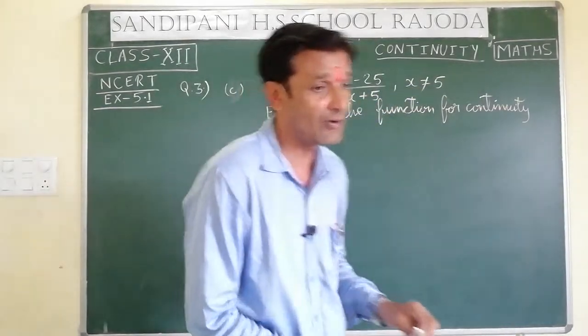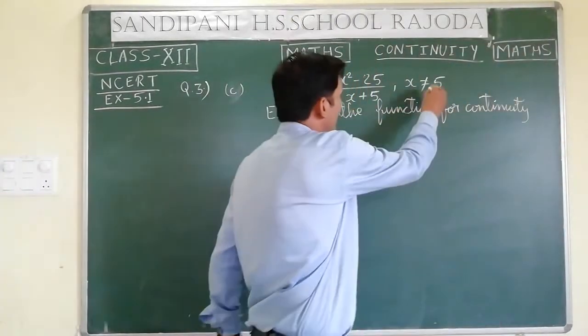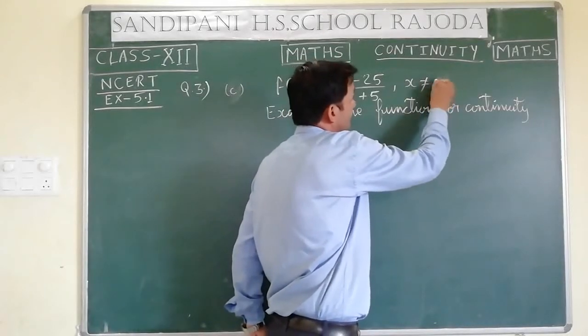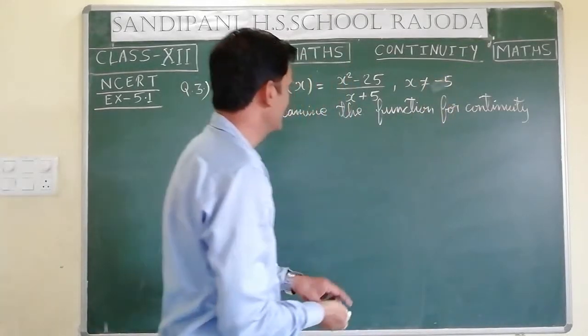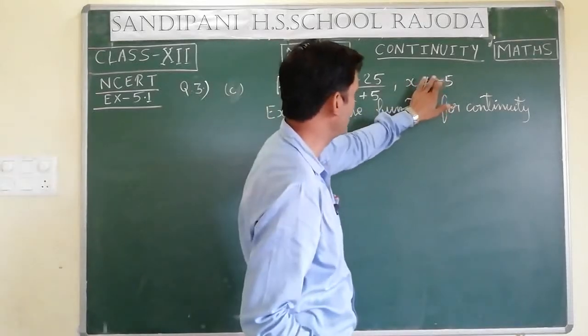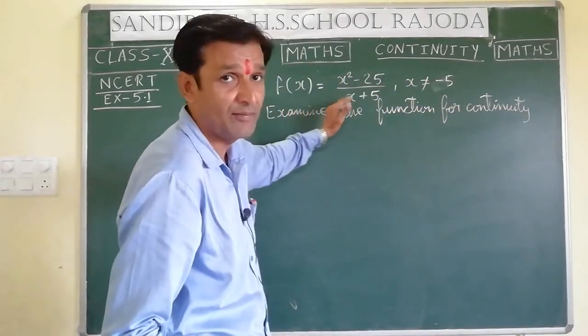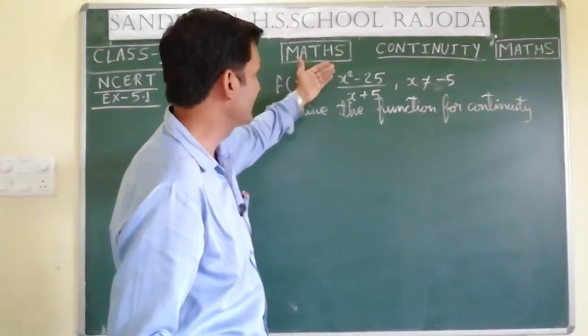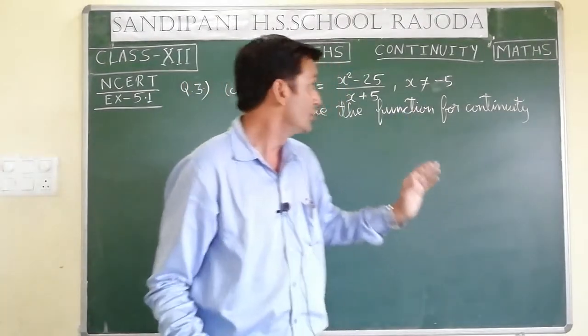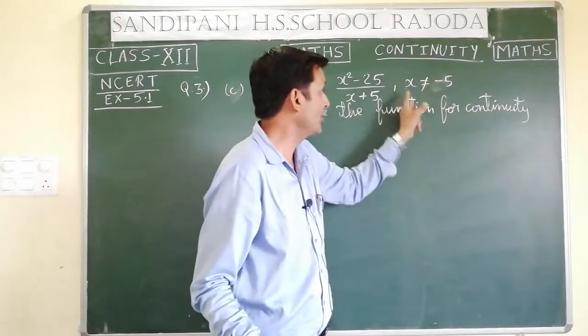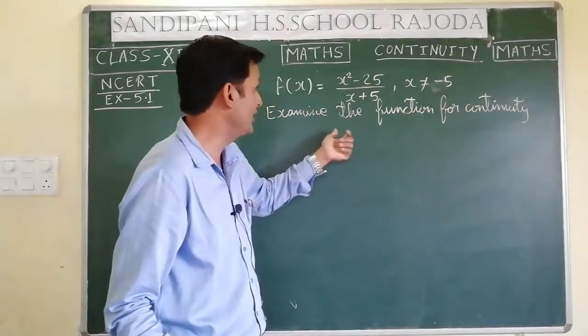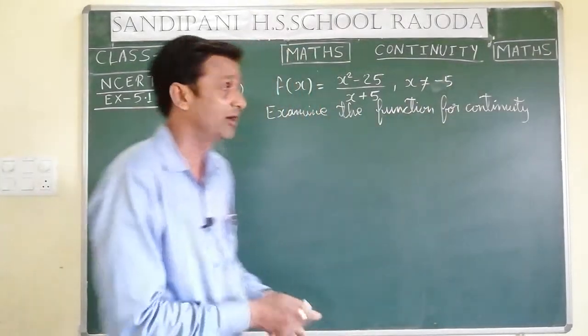At x is equal to minus 5 it will not be possible to solve this function, because if we put x is equal to minus 5, the denominator will become 0. So in that case, the function can't be defined. So except this particular point, we have to examine the continuity of the function.